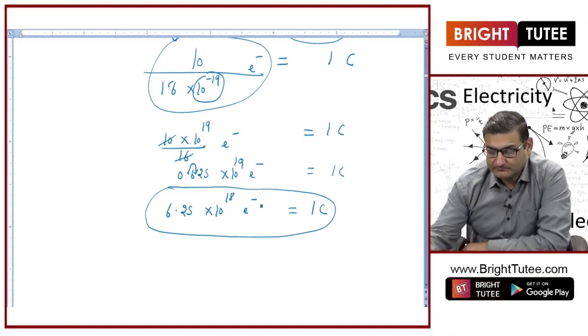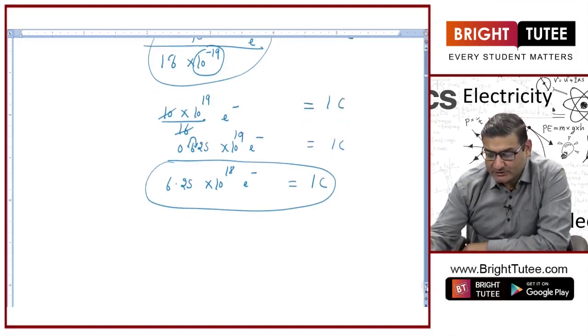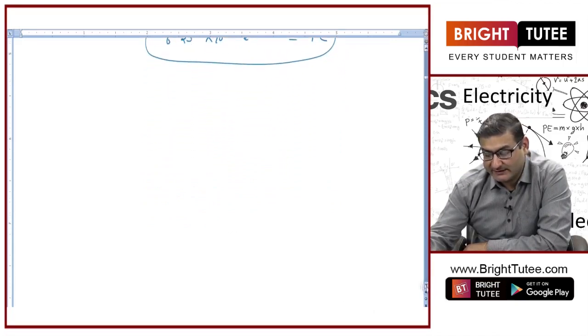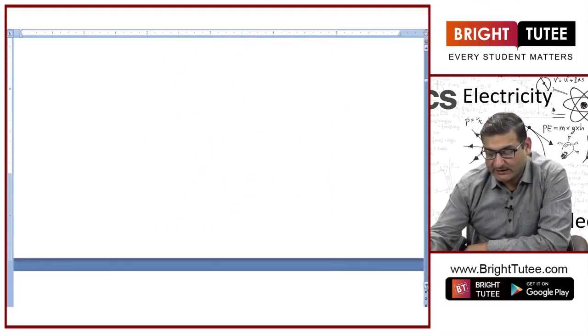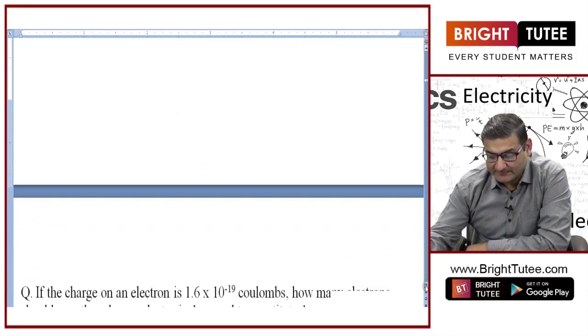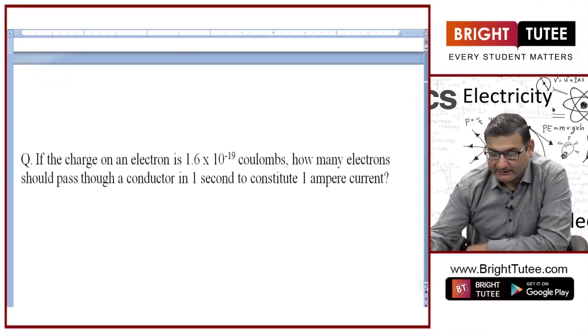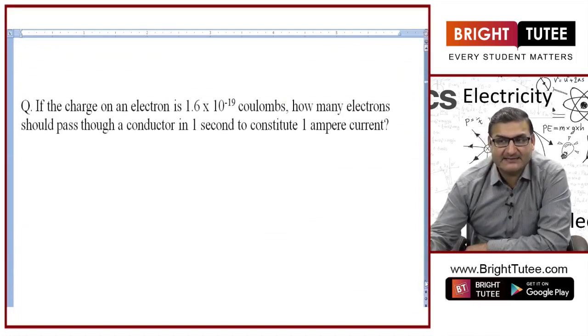Got it? Right. Now the same question can be put up in a different kind of language, which is very good and very nice. Let us understand how they can put up this particular question in a different way. This is another question, but it is directly or indirectly the same as above.